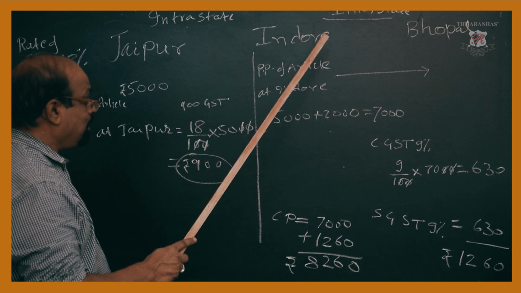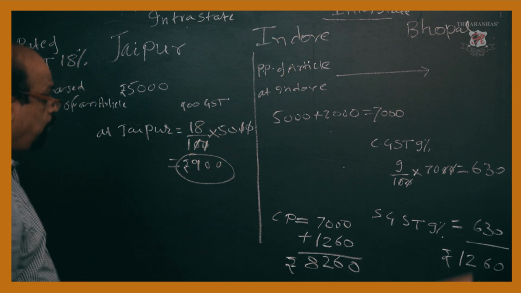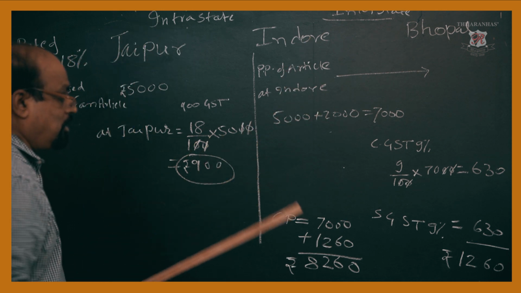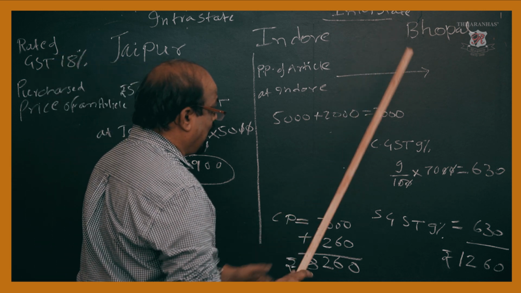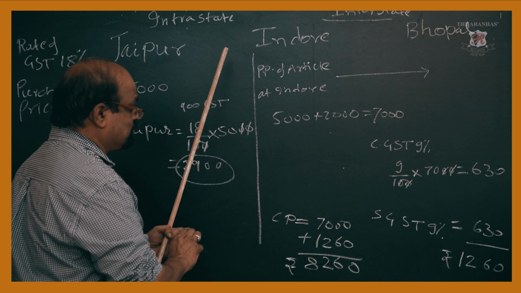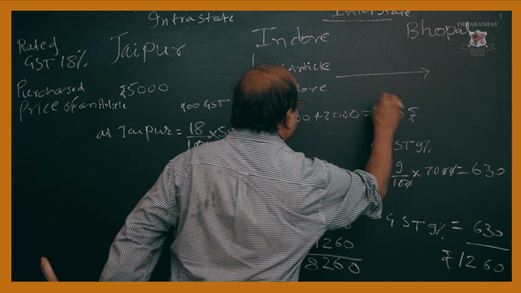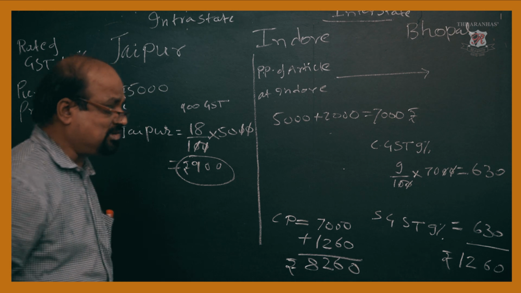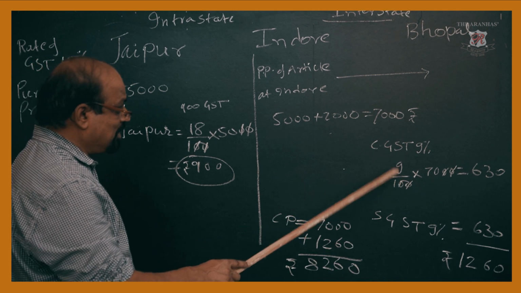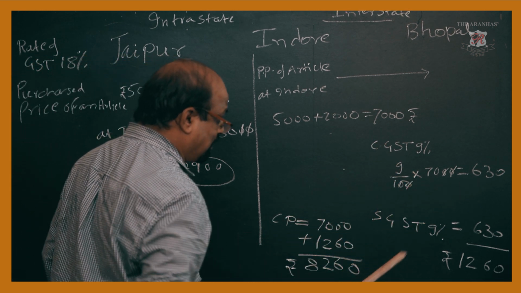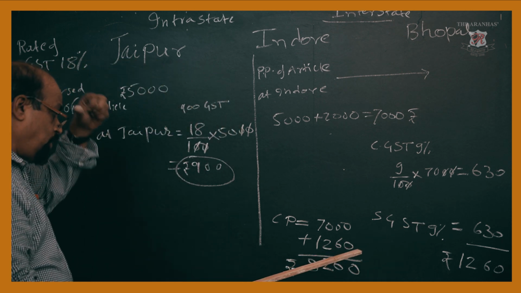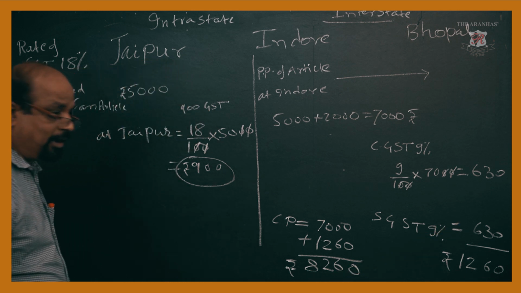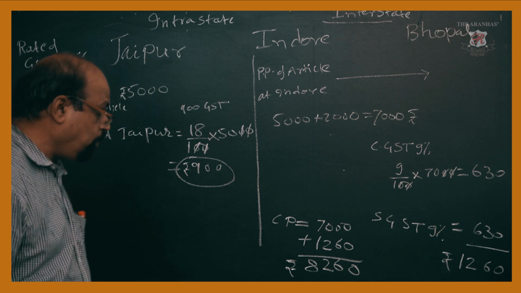Then when the article is sold from Indore to Bhopal, by taking the profit of 2,000, the total cost price of the article at Bhopal will become rupees 7,000. Since it is interstate, we have to calculate CGST as well as SGST. 9% of 7,000 will give rupees 630 and 9% SGST of 7,000 will give 630. So total GST paid will be 1,260 rupees.